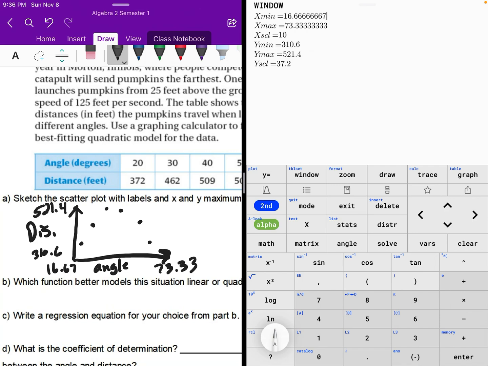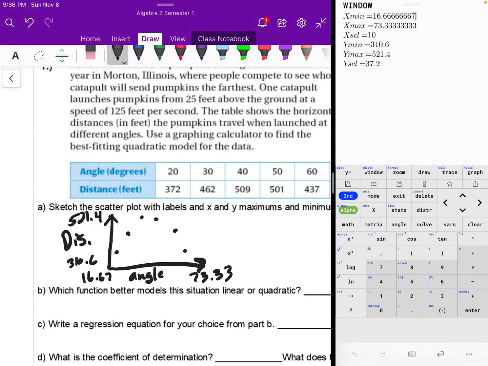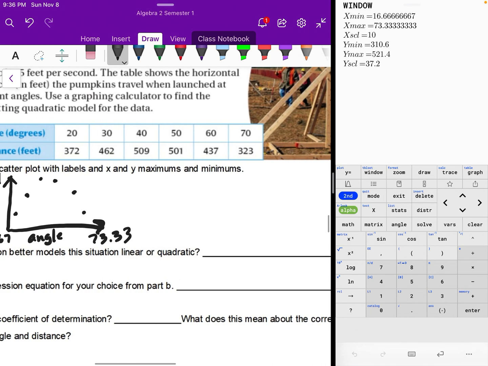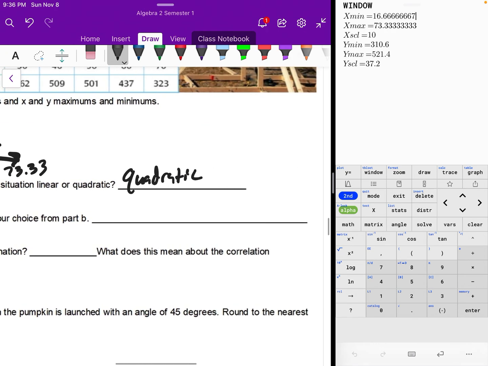Again, if you're using the TI-84, you will get slightly different values there. So, part B to this question: which function better models the situation, linear or quadratic? Looking at the scatter plot, we can see that it looks like a parabola, therefore quadratic.